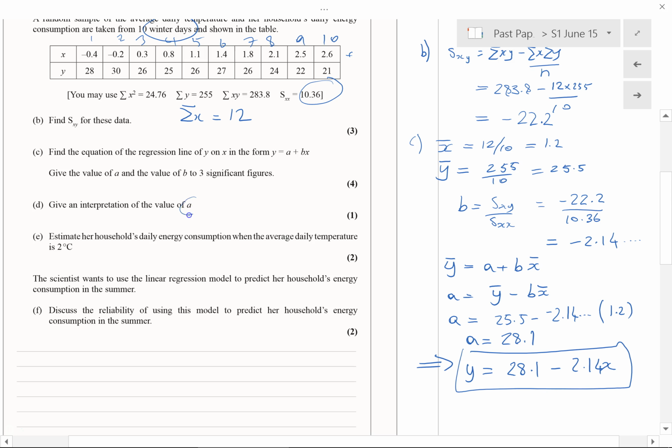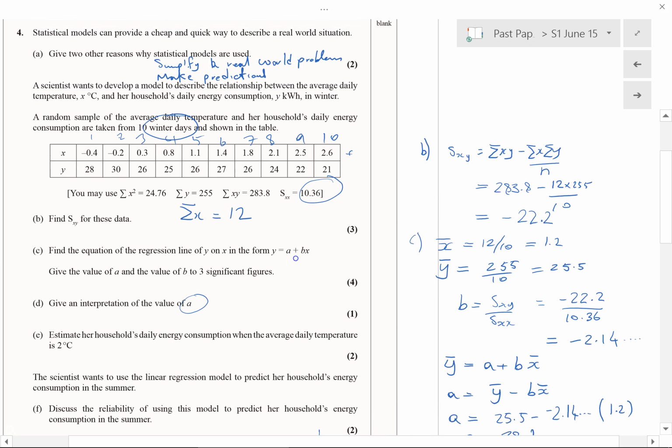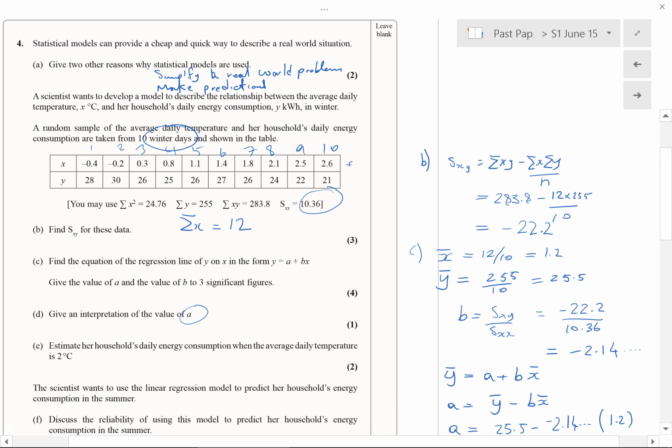Now, the interpretation of the intercept is always the easier one, but since this is the value here, we need to interpret it in context. Well, let's look at what the data's about. I haven't actually mentioned it really. A scientist wants to develop a model to describe the relationship between the average daily temperature and her household's daily energy consumption.